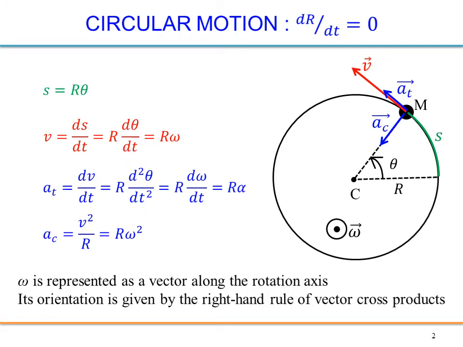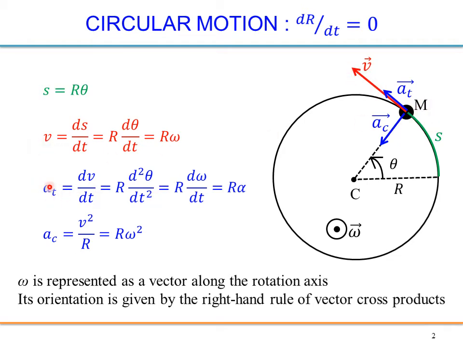So this is what we need from previous lectures. So you may look at my lecture on rotation, the kinematics of rotation, and we have established the following formulas. So as the distance on this piece of circle is s equal r theta, we have the velocity, which is tangential.